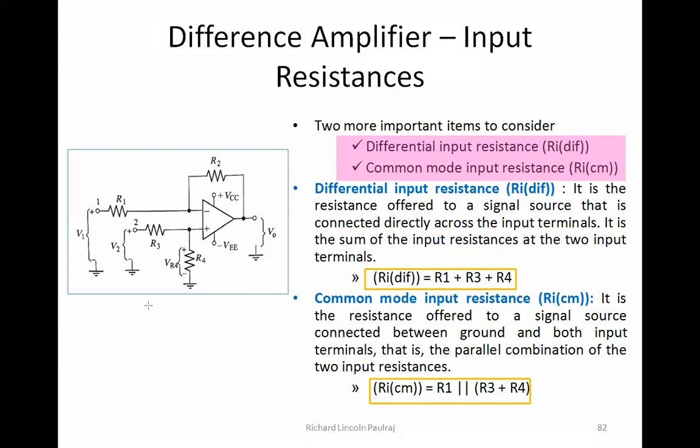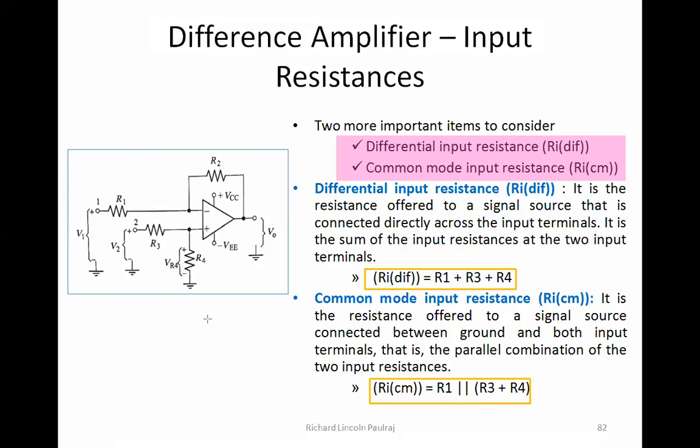So what diagram is this, students? Is it the diagram of a summer, or a differential amplifier, or is it just a normal op-amp? Differential amplifier. Yes, it is also one of the configurations of op-amp.